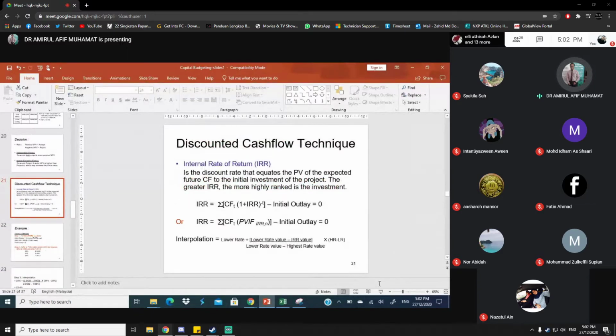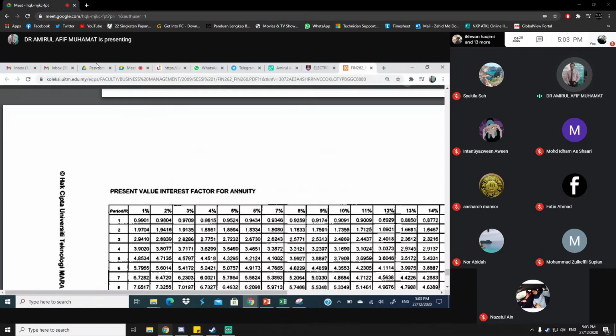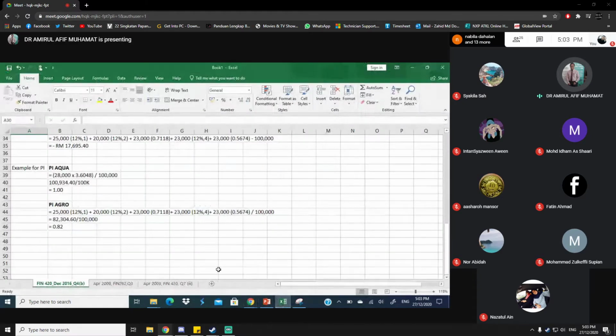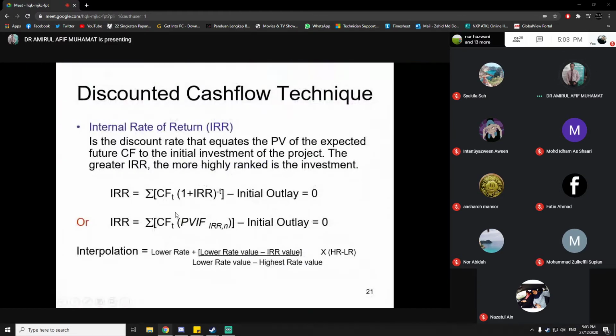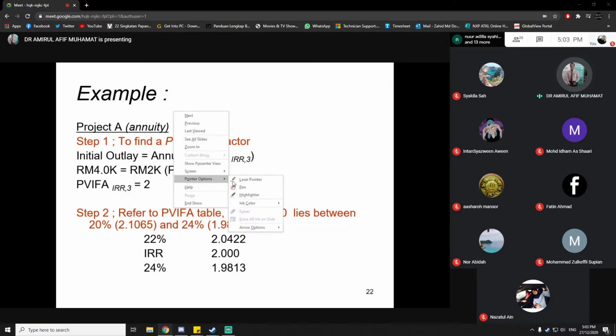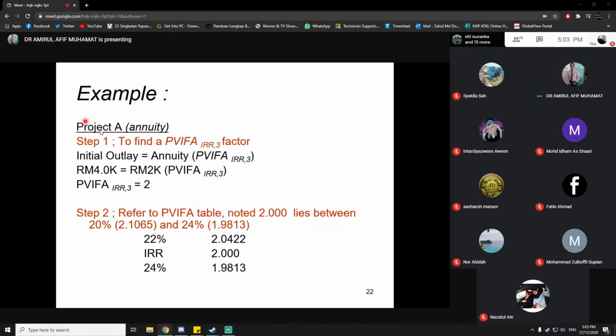So the other one is another technique, which is internal rate of return. This is the last technique. This is slightly challenging in the sense that you need to follow the required steps. We are referring to project A as annuity. Here what you need to do is find the percentage rate of return.